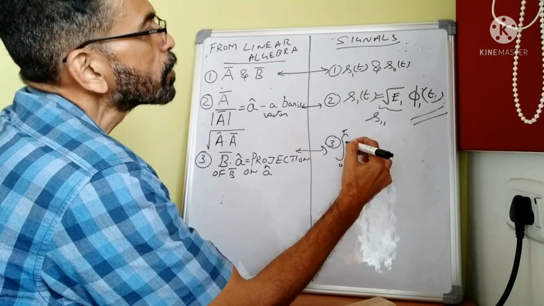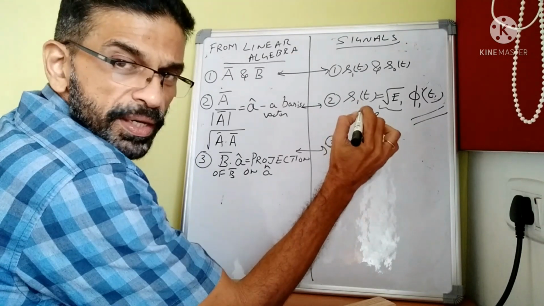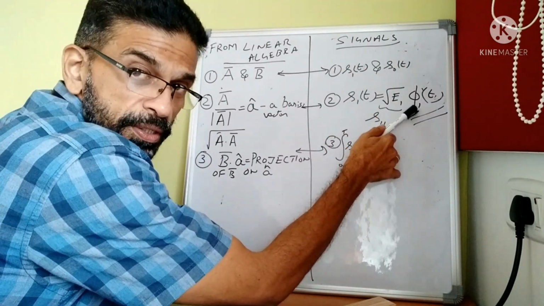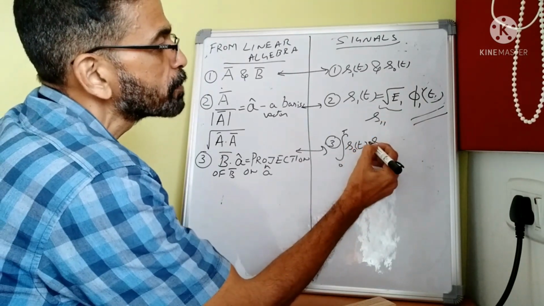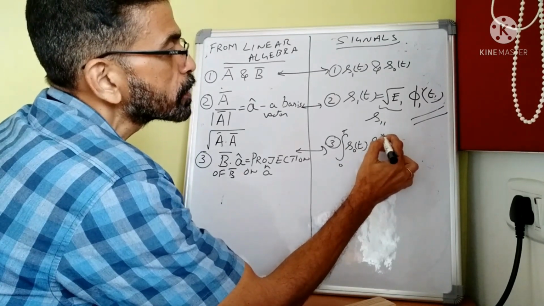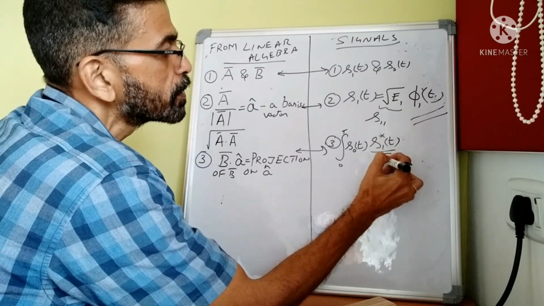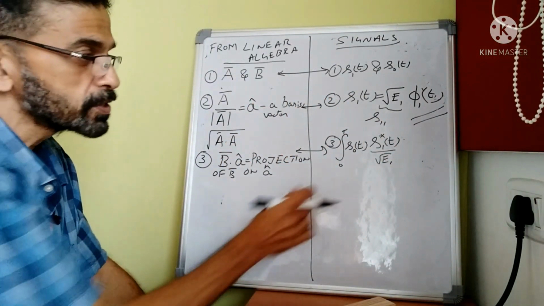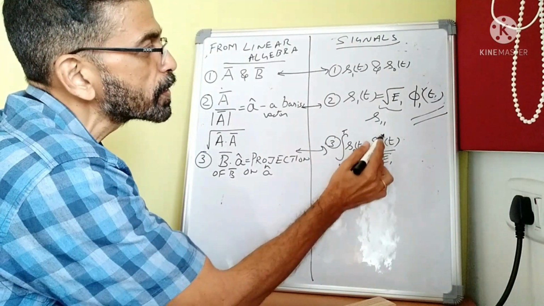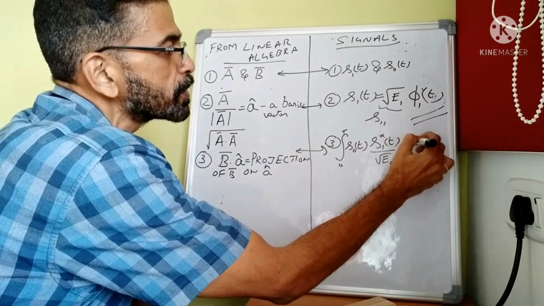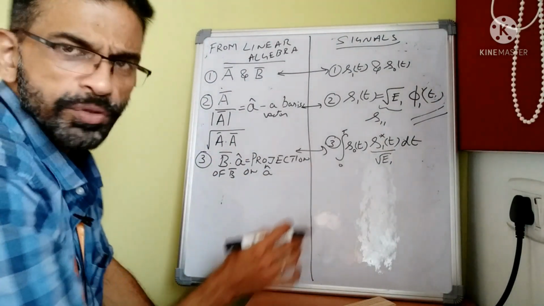Inner product among signals is defined like this. I have to put phi 1 conjugate here because I am taking an inner product. So S1 conjugate t divided by root E1. Root E1 is real, so we don't have to write a conjugate. So this is actually S0 t into phi 1 conjugate t, which is nothing but the dot product between this and phi 1 t.